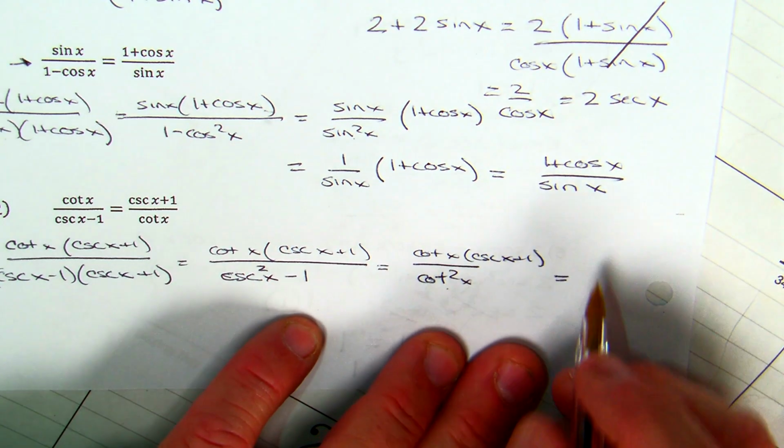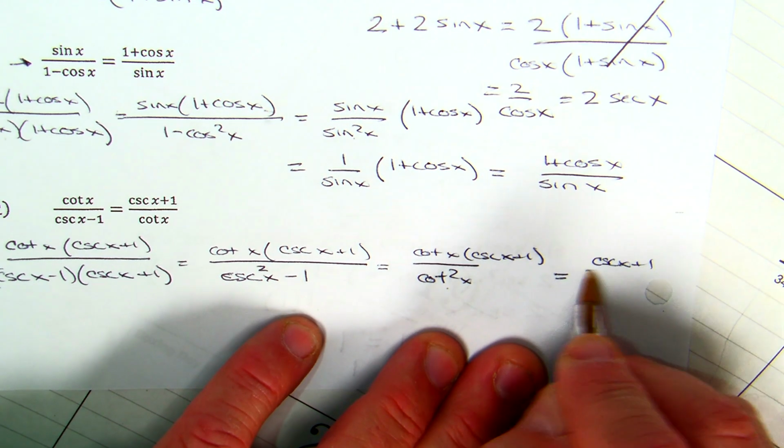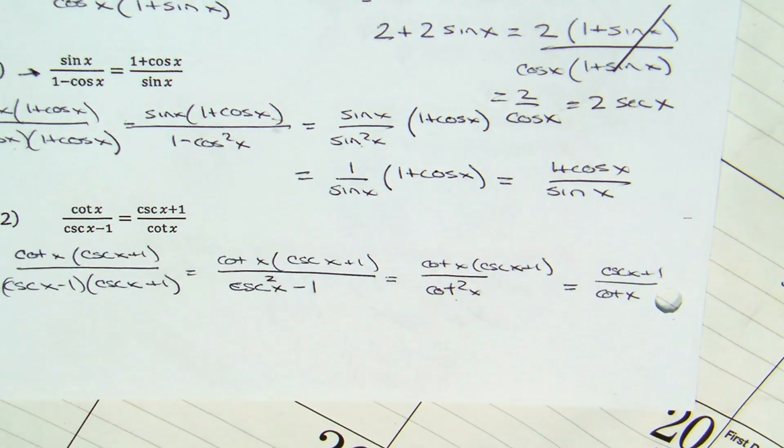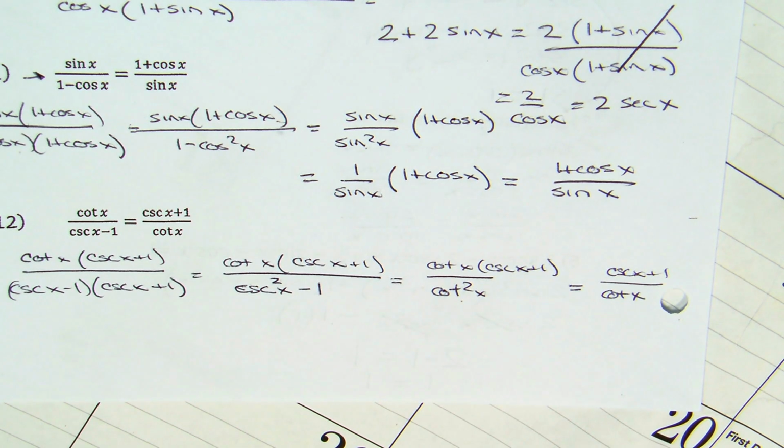And when I cancel out one of my cotangents, I'm going to have cosecant x plus 1 over cotangent x, which is the same thing as on the right. Good.